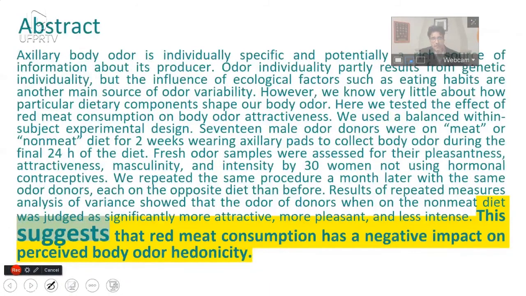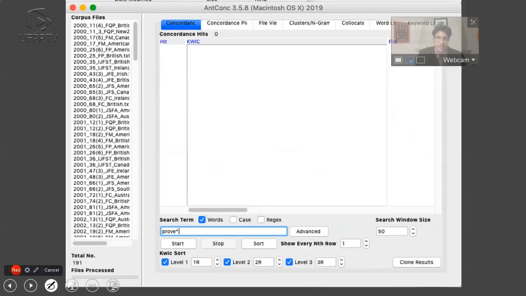So a lot of people look at these hedges and say, well, doesn't that weaken the claim? Actually, it adds strength. If you look at a corpus, like I've shown you in this class about how to put a corpus together, of related articles, in this case 191 research articles in the discipline of food science, just from native speaking authors, and you look for the word "prove," it's actually a rarity.